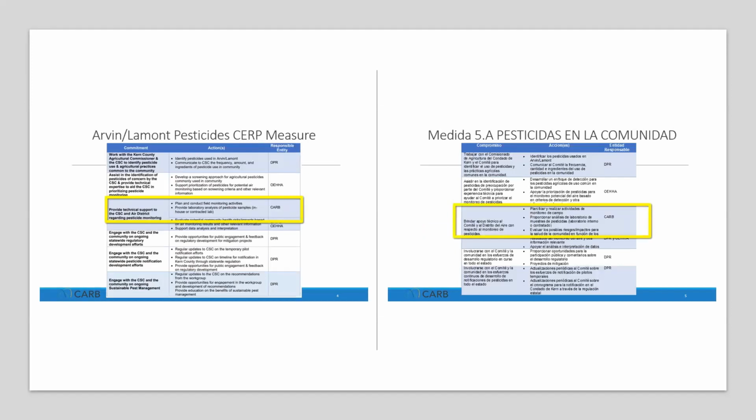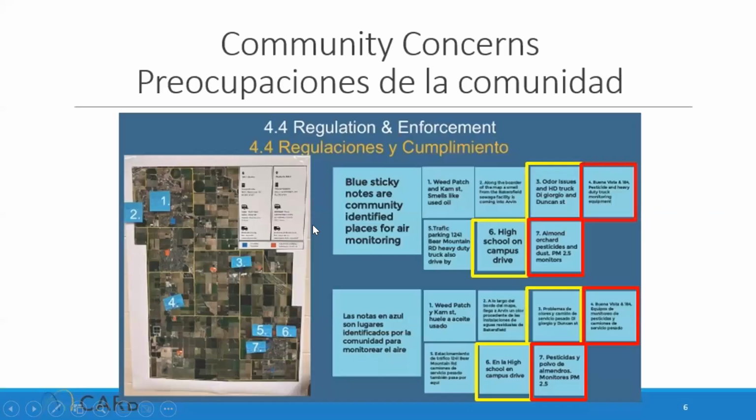Just going back on some of the things we already know, I want to review the CERT measure. CARB will be responsible for planning and conducting field monitoring activities, and we'll also be providing the lab analysis related to the monitoring. This image shows the exercise completed in the December 2022 in-person CSC.